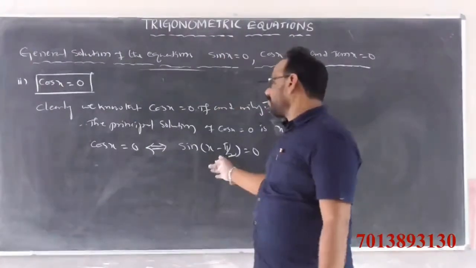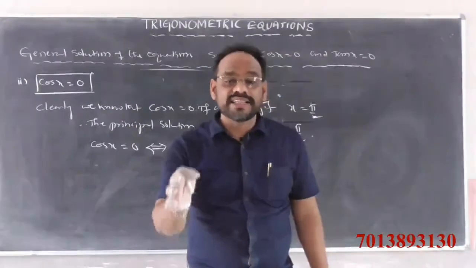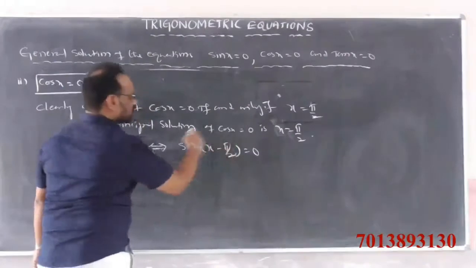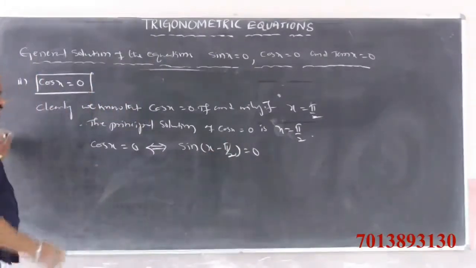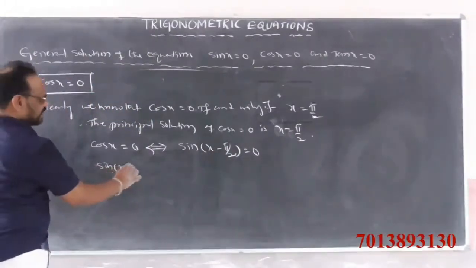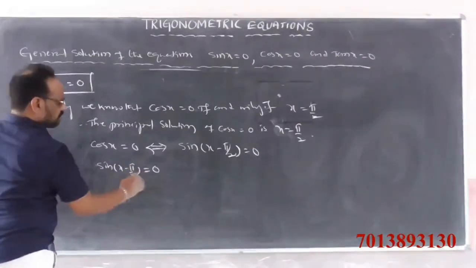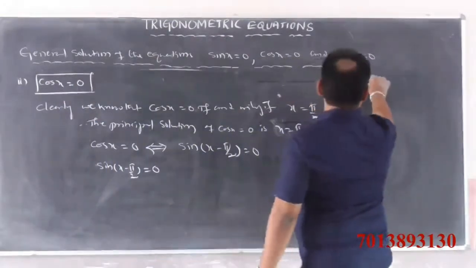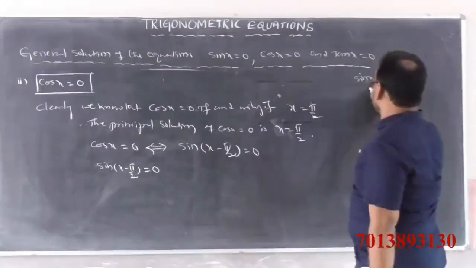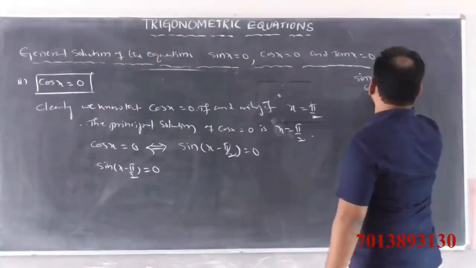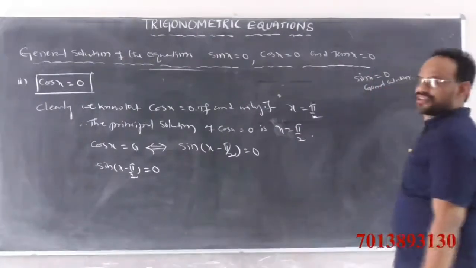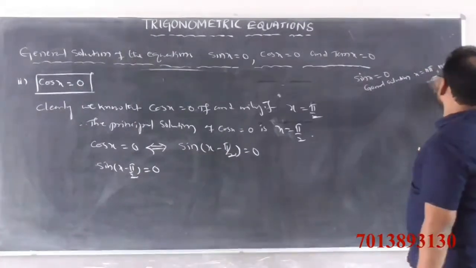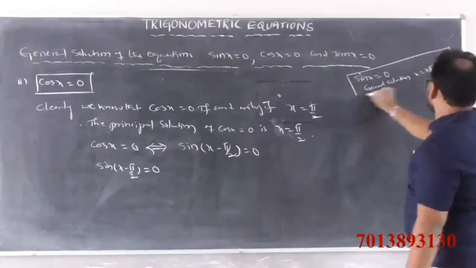Already we know that we want the general solution of the given trigonometric equation. Already we know the general solution of the sine function. Observe here, sin of (x minus pi by 2) is equal to 0.